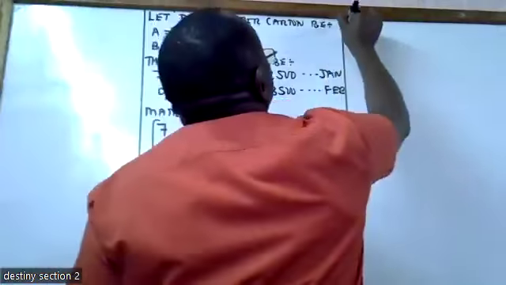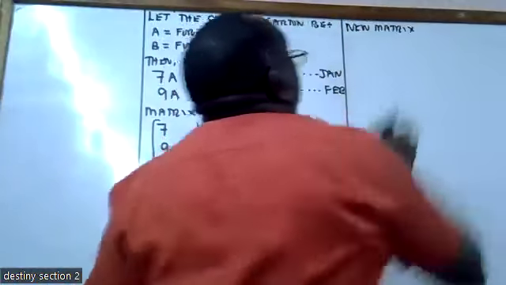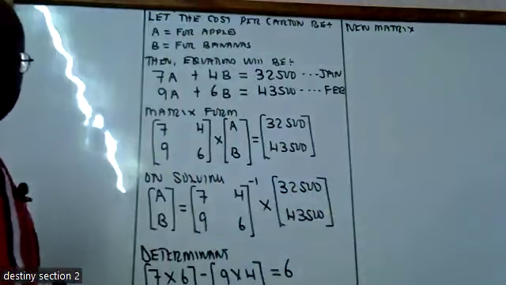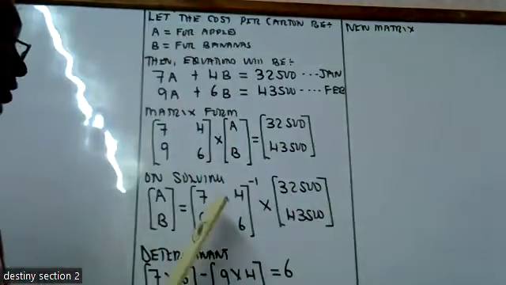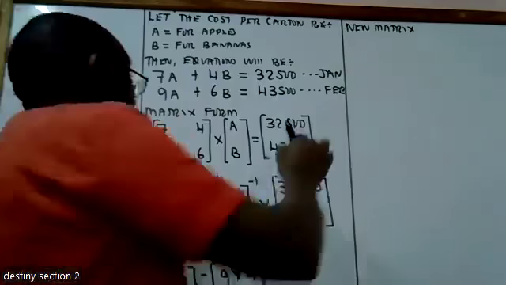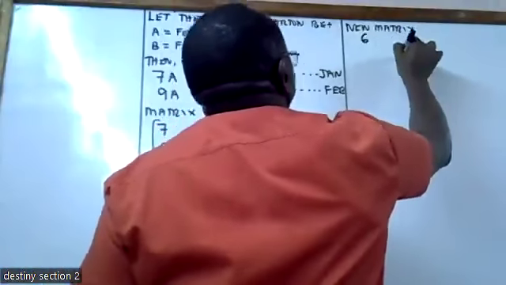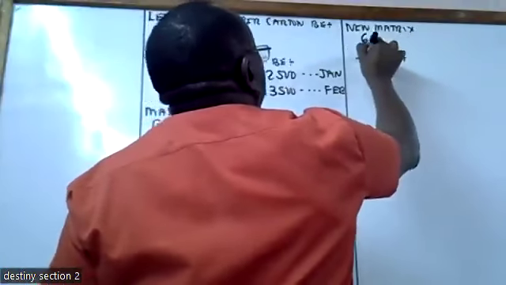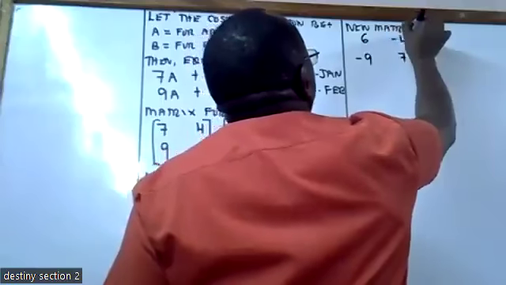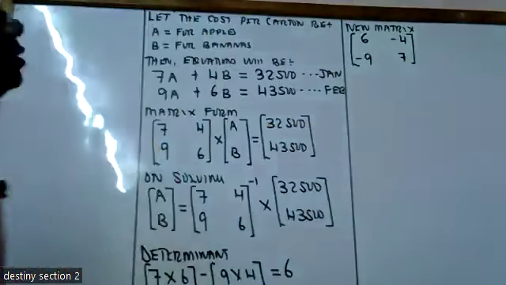Then you come and give us what we call the new matrix. The new matrix, you get it by changing the positions of the major diagonal and changing the signs of the minor diagonal. So this will be 6 and this will be 7, then minus 9 and minus 4. That's the new matrix.